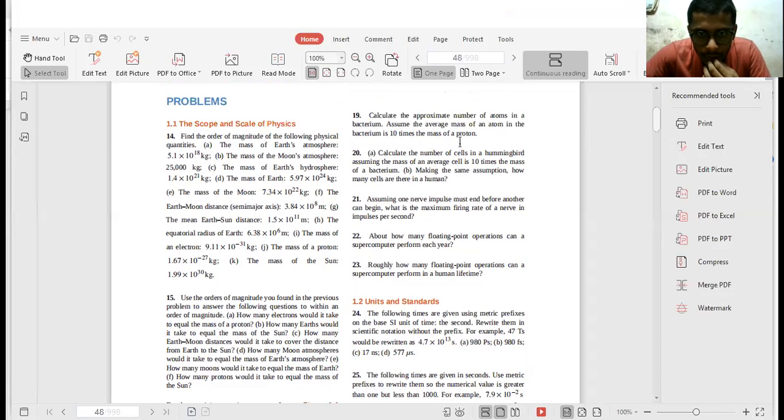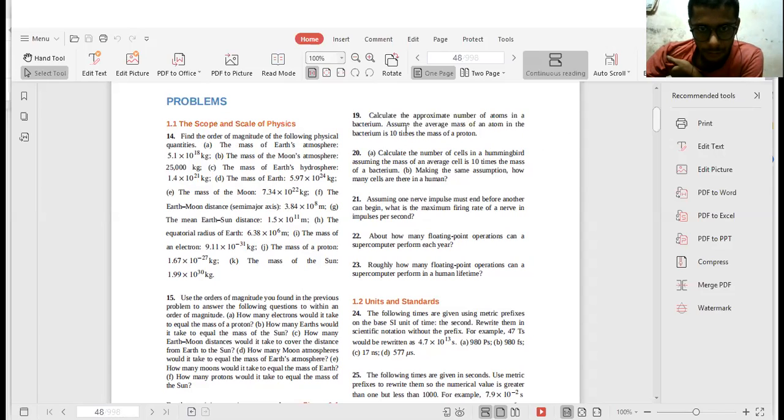Although you can solve this sum as, if I take a bacterium to be, for example, 1 gram. If you have 1 gram of bacteria, that would be 1 divided by 10 into the weight of the proton.